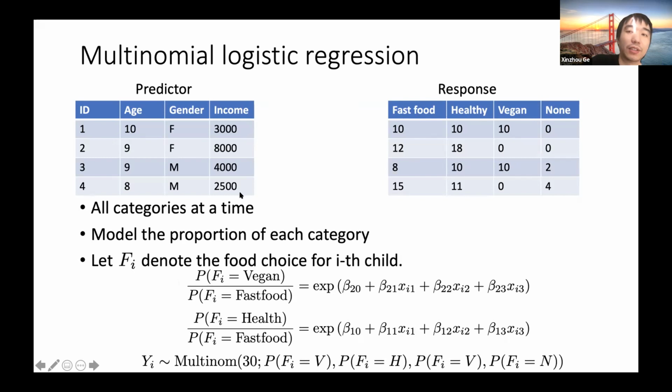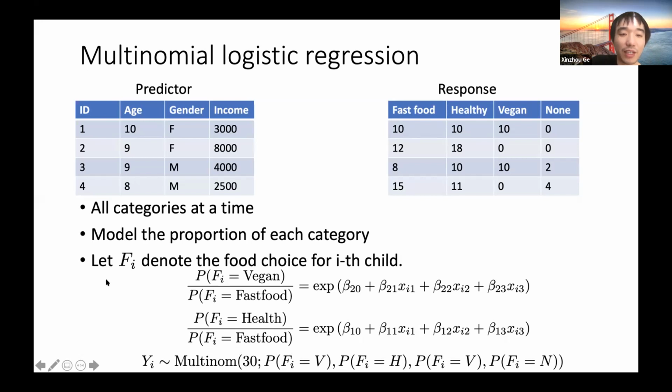And then this whole vector for child i is the observed value of yi, and the yi will follow a multinomial distribution, where all four values sum up to 30, and each value has the following probability. So this will be the random structure for the multinomial logistic regression.